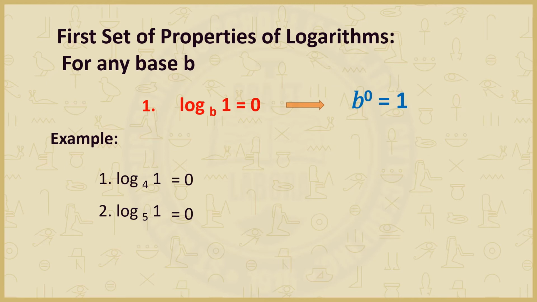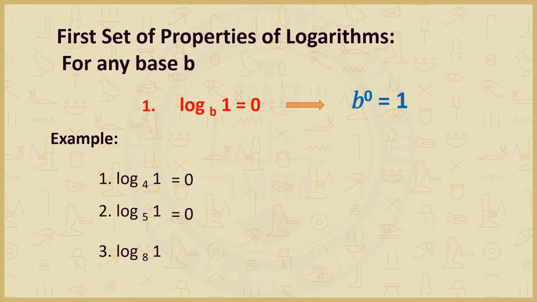The exponential form of the logarithm of 1 to the base 4 is 4 raised to 0, and it is equal to 1. The exponential form of the logarithm of 1 to the base 5 is 5 raised to 0 is equal to 1. So, that makes the logarithm of 1 to any base equal to 0.